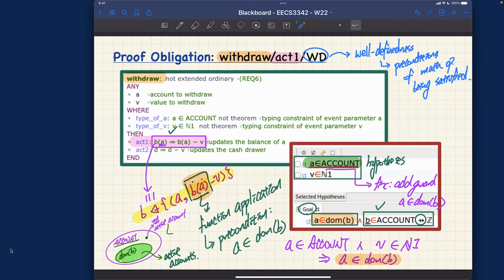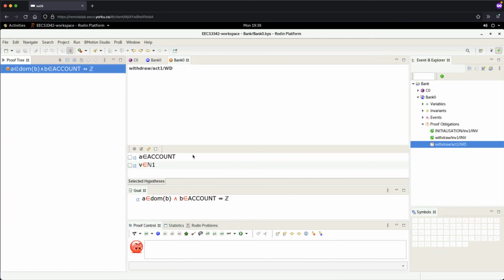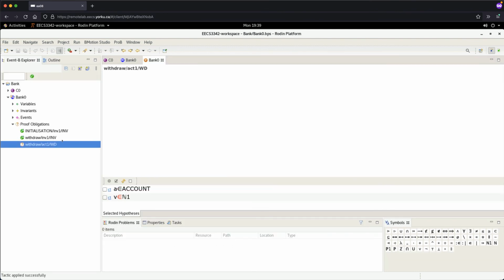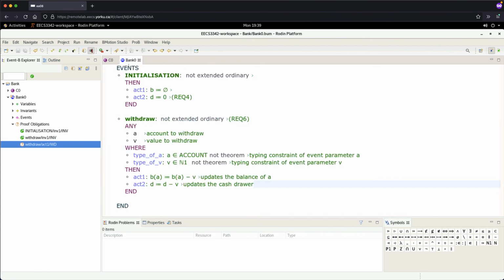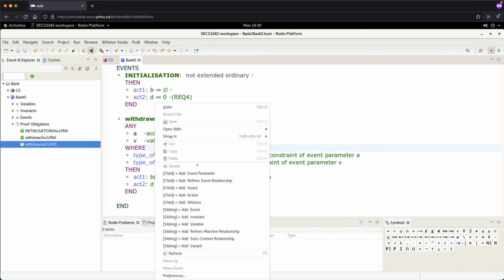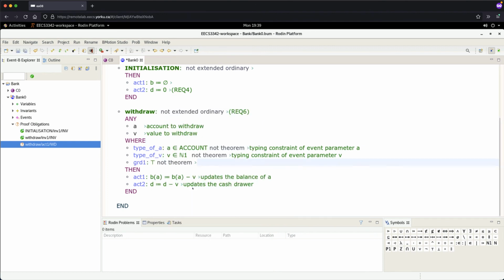Okay. Let me now go back here and fix it. Let me go back to event B, close the proof over here, and go back to bank 0. As I said before, you can either modify this to be the domain of B, approach 1, or you can simply add another guard. Under the where clause, I can add a guard over here.